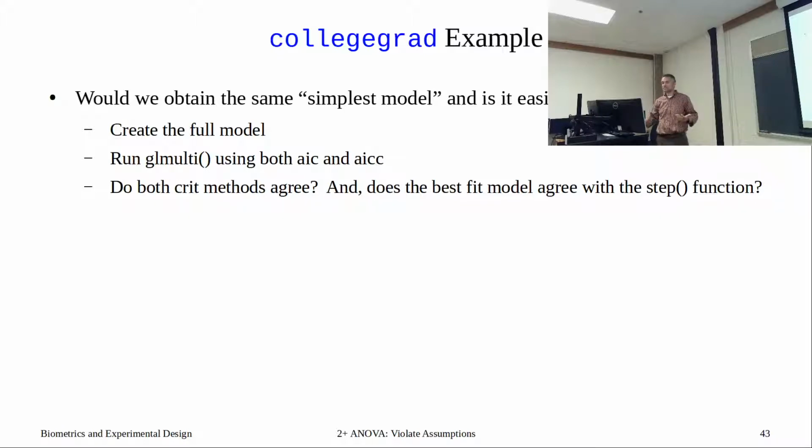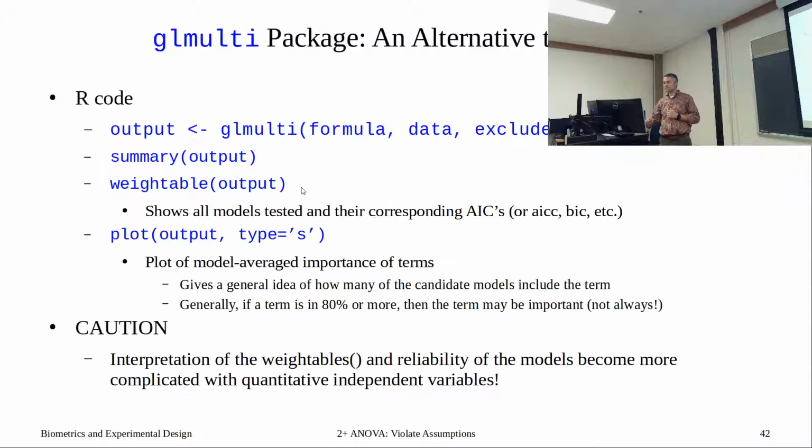So what I want you to do is, using this code here, use the college grad data set and see what glmulti tells us is the simplest model. Play around, see what summary of the output gives us, see what the weight table gives us, see what the plot gives us. Then go back and look at what our best fit simplest model was in the college grad example. Don't forget, glmulti needs to be loaded.